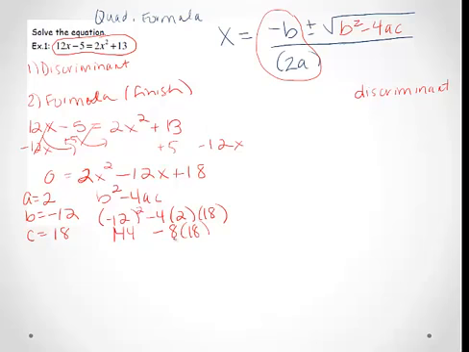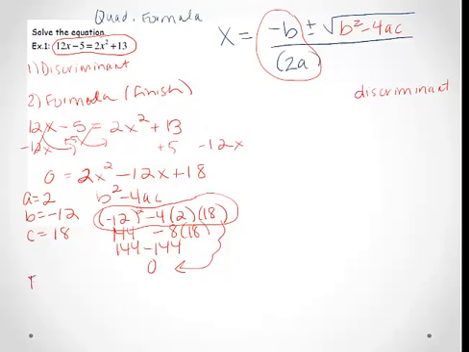Notice I joined these together, and 8 times 18 is 144. And you'll get 0. Now, if you want to type this whole thing in your calculator all at once, it will just give you 0. You don't have to do this step by step. So what does a discriminant of 0 mean? It means that I'm going to get one answer.